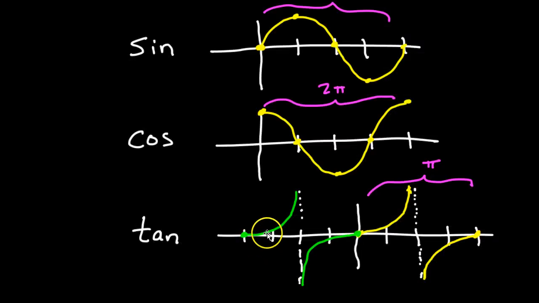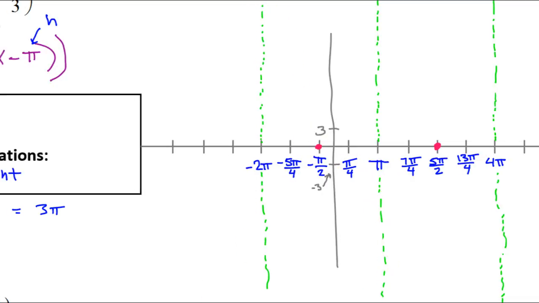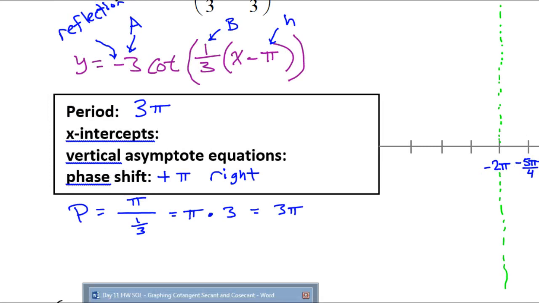Now, the tangent function is always increasing, and we know that everything about the cotangent is backwards. So since the tangent function is always increasing, the cotangent function is always decreasing. But this is not a normal cotangent function.